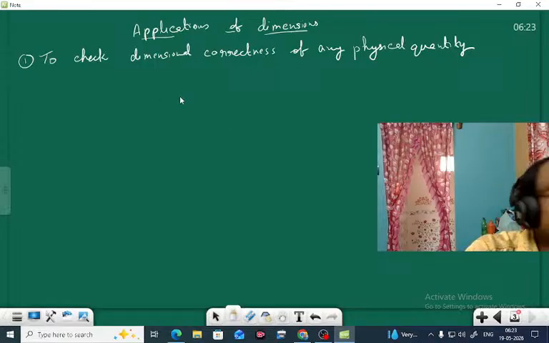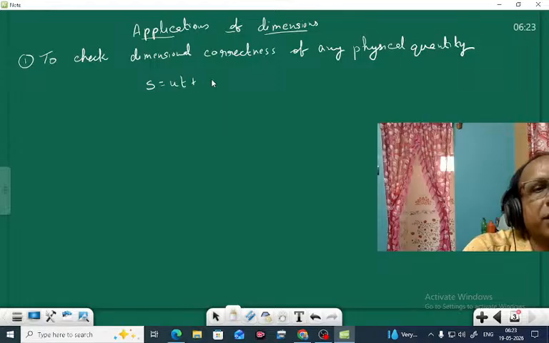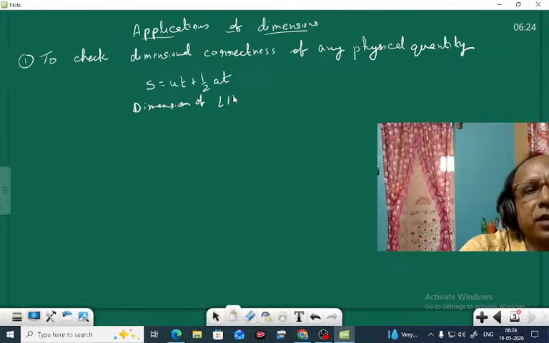For example, we can write that s is equal to ut plus half at square. So if we find the dimension on the left hand side, LHS, it is displacement, or it is L. And what is the dimension on the right hand side? So we will find the dimension of RHS.